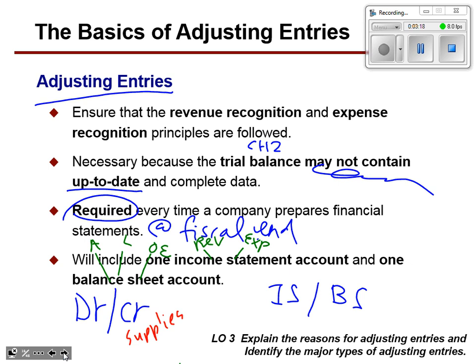So supplies would be credited. We know that's from the balance sheet. We're going to learn about a new account called the supplies expense, which we know is from the income statement. And that's the adjusting entry to show what's gone from supplies or what's been used.